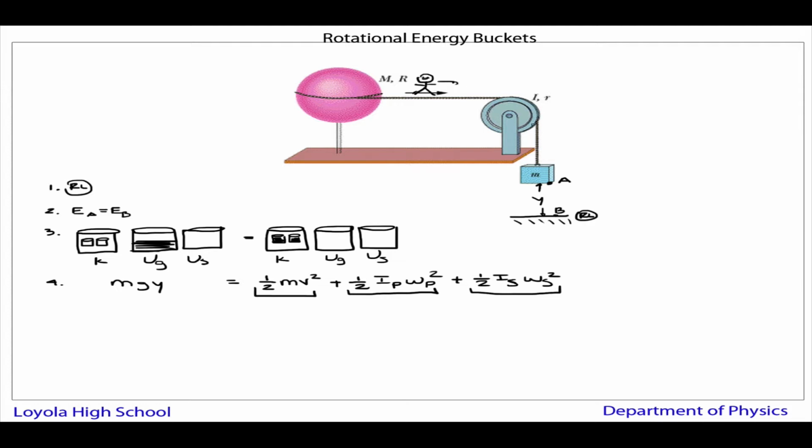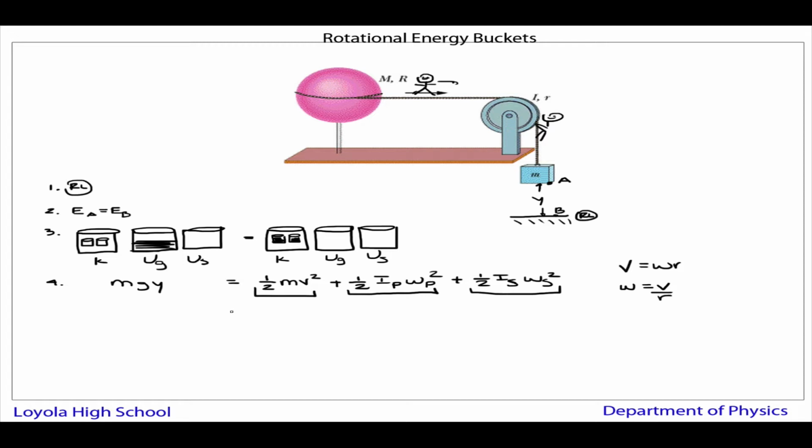A person on the rope over here hanging off would be traveling at the same linear velocity as that one. So linear quantities are the same. V is equal to omega R, so omega is equal to the linear over the radius. That's how we can relate the linears and rotationals together.